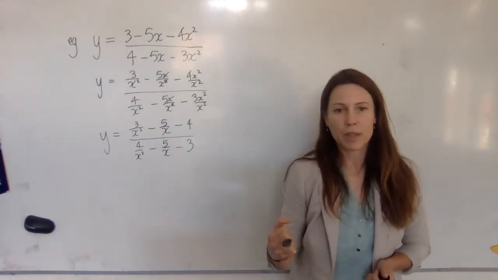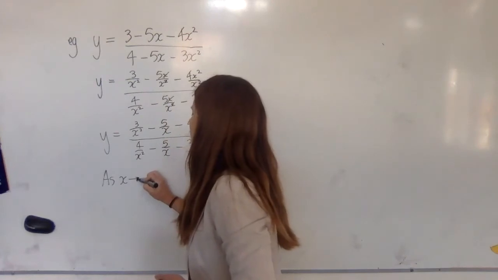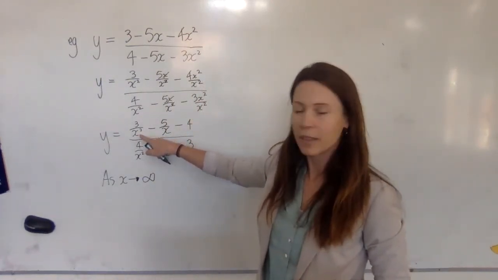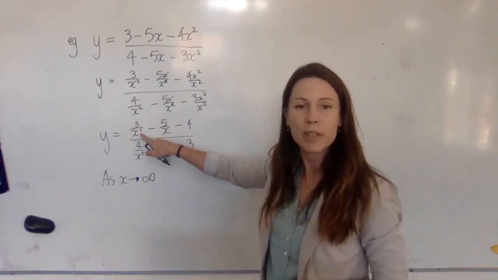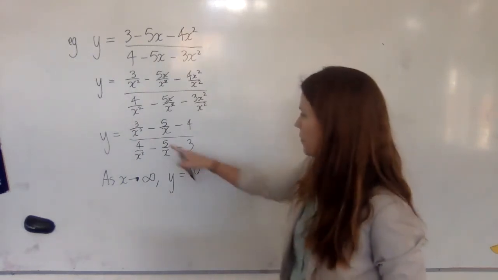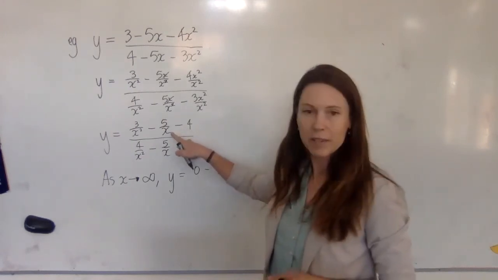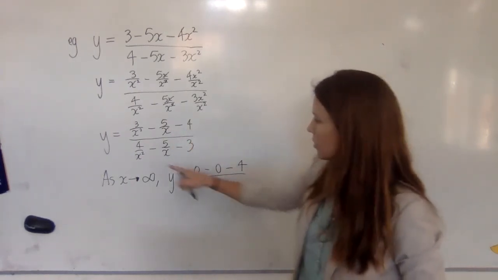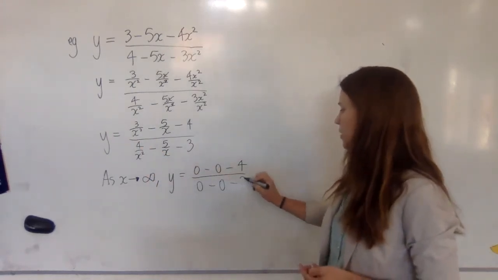Alright, now we need to think, what's going to happen as x gets really, really large? Well, if you square an infinitely large number, it becomes even larger, and 3 divided by that massive number is as good as 0, isn't it? So y is going to approach 0 minus 0, because 5 over a massive number is virtually 0, minus 4. And on the bottom, we're going to have 0, minus 0, minus 3.